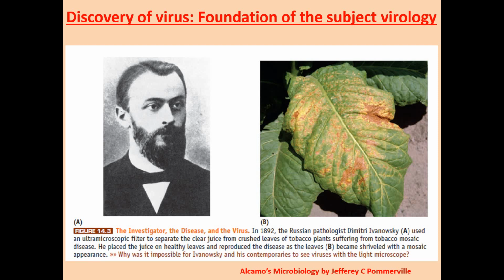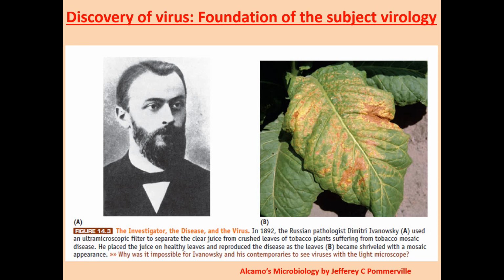But when this isolated juice, the crushed material from the diseased sample, was inoculated onto another healthy leaf, the healthy leaf showed similar symptoms. That means, Ivanovsky stated, there is something present in this diseased leaf which is capable of spreading the disease to a healthy one.